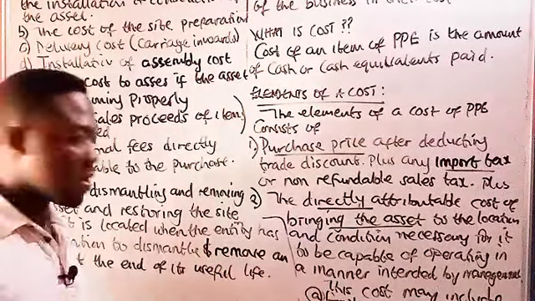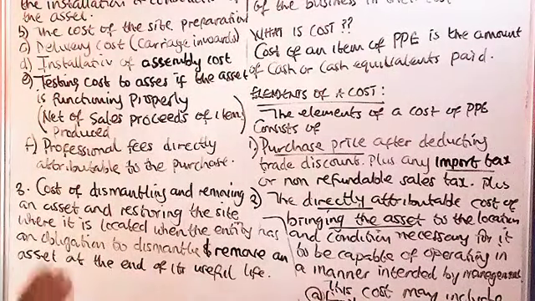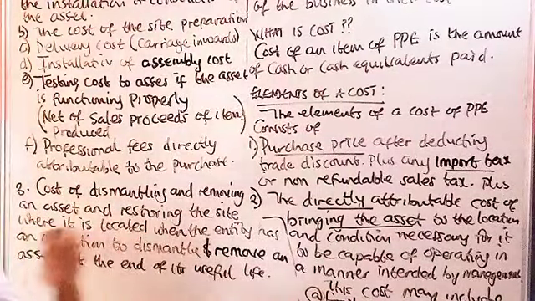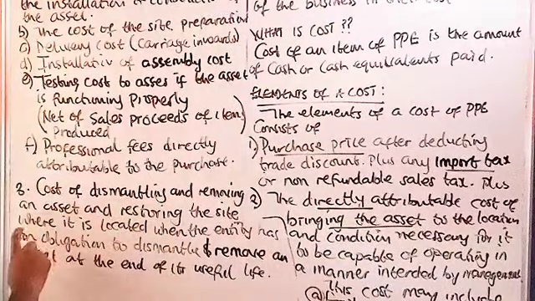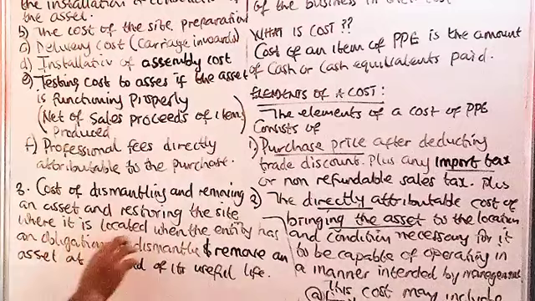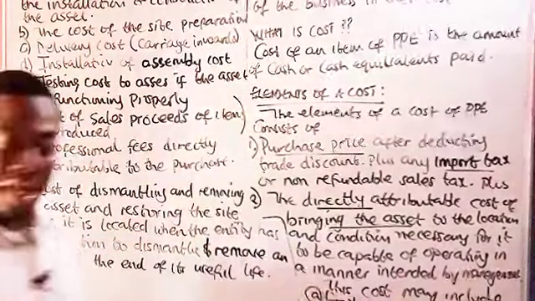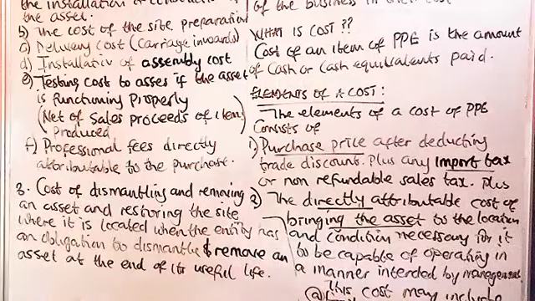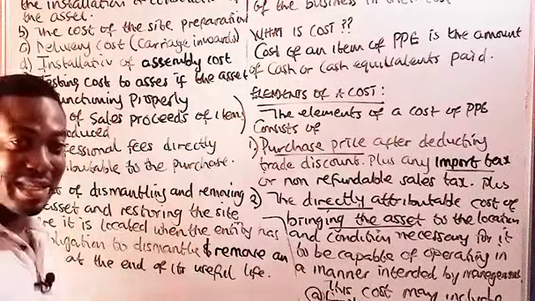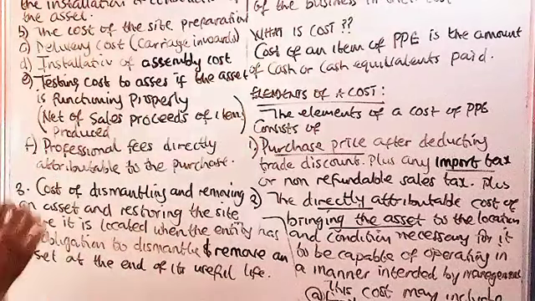Okay, so the third item that can comprise an element of a cost is the cost of dismantling and removing an asset and restoring the site where it is located when the entity has an obligation to dismantle and remove an asset at the end of its life. So we're going to add it.